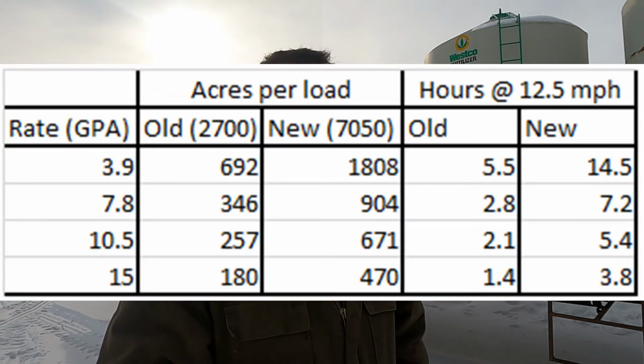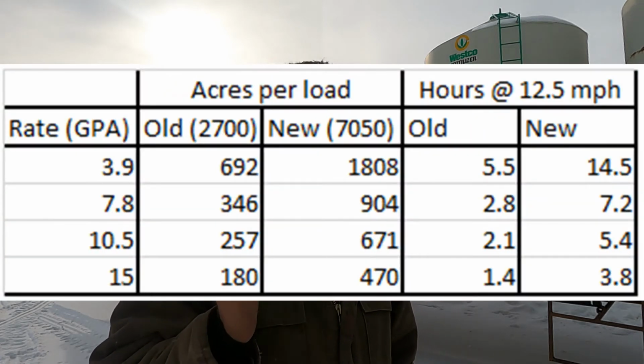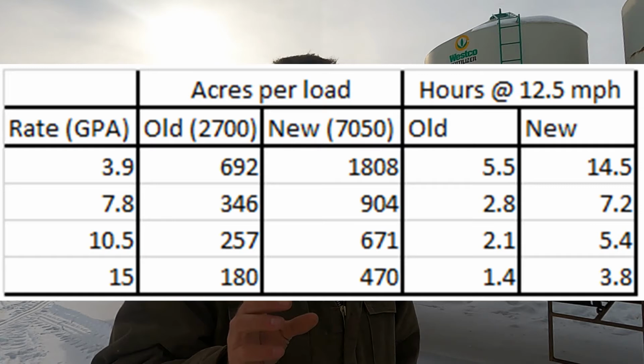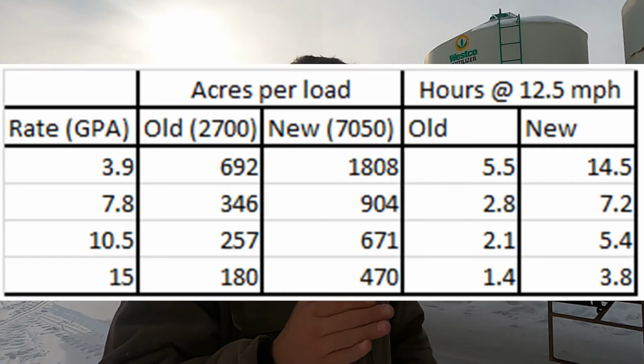Well, let's look at this chart again. This has what we used last year. And like I said, a big day of spraying for us is over 800 acres. So let's look at how your effective rate gets calculated.